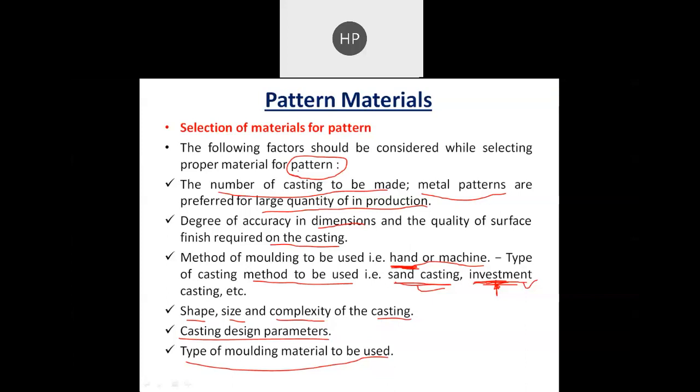As we have seen in the steps of the casting process, the first step is pattern making. So if your first step is wrong, all the upcoming steps are going to be wrong. That's why the pattern is a very crucial part of making the casting, and when we are making the pattern, it is advisable to select a suitable material based upon all these criteria.